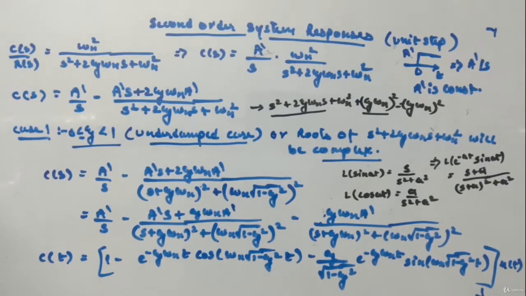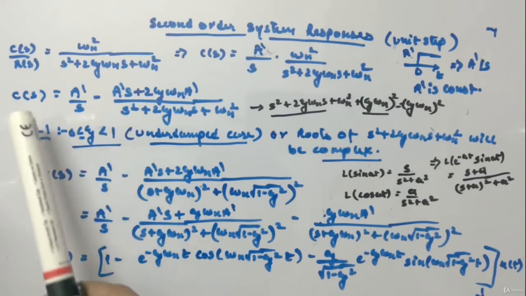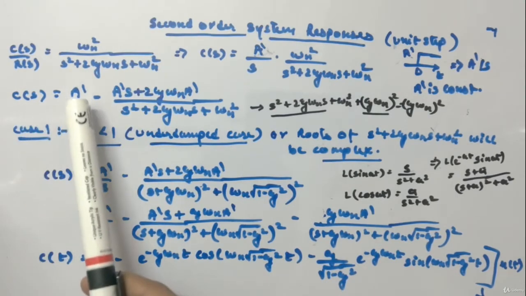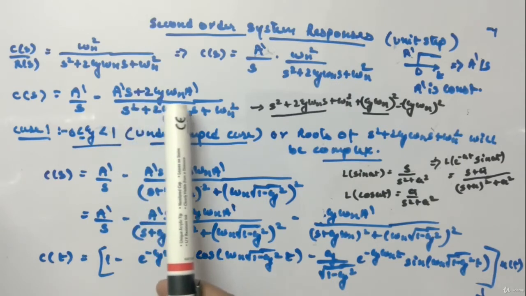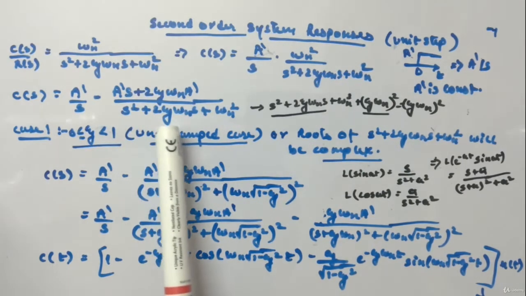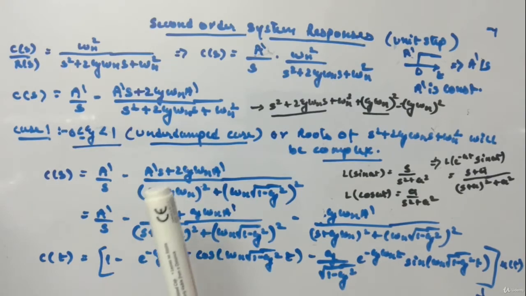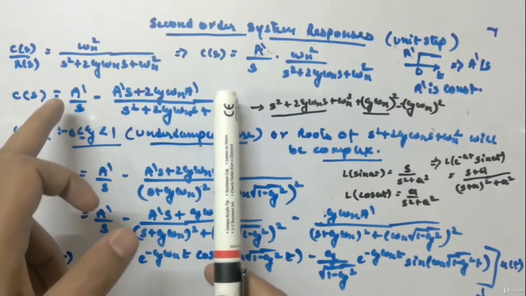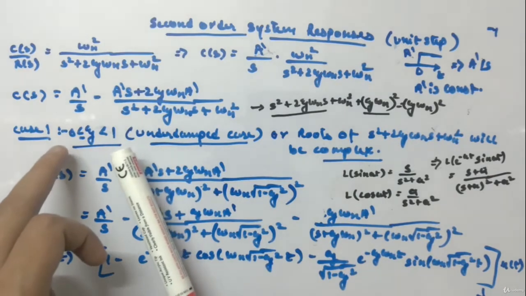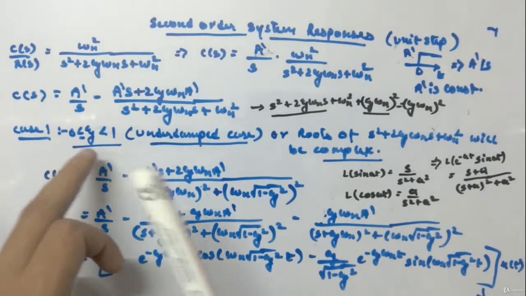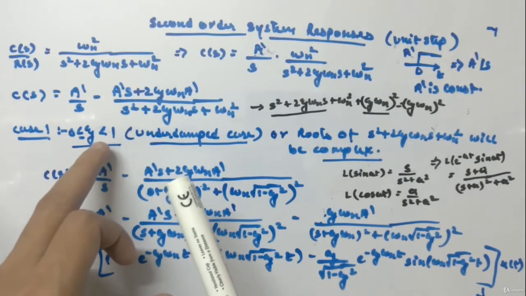Okay, so moving on, let's look at the first case. We have calculated C(s) is equal to A dash divided by s minus (A dash s plus 2 zeta omega n A dash) divided by s square plus 2 zeta omega n s plus omega n square. Till now we calculated this. Now we will take the first case where zeta is between 0 and 1, where zeta is not equal to 1.